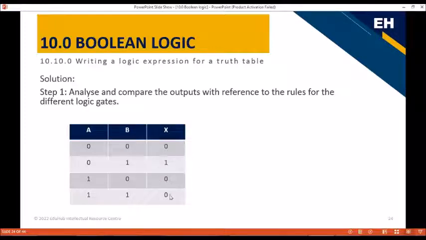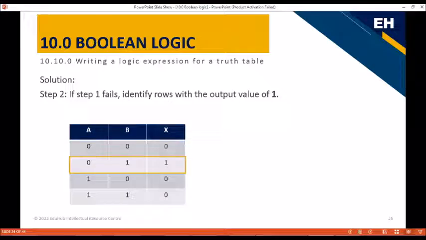Okay, so we can only have 0 when both inputs are similar. So inputs are not similar at the third level, but we have a 0. So in that case, this violates the rule. We can actually conclude at this point that this table doesn't look similar to any of the standard logic gates we have learned. Let's proceed to step 2.